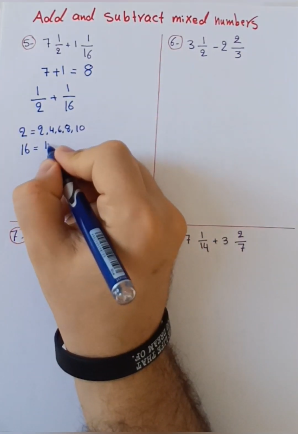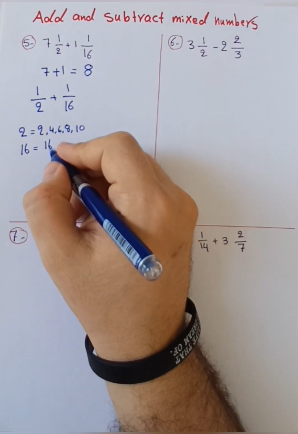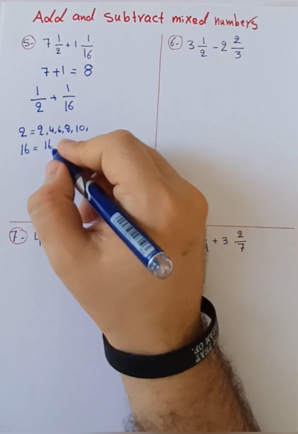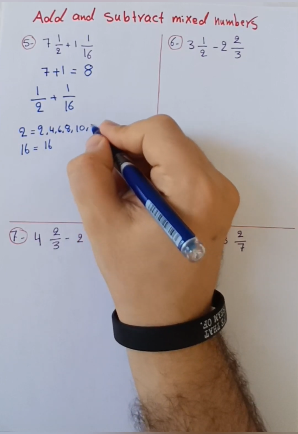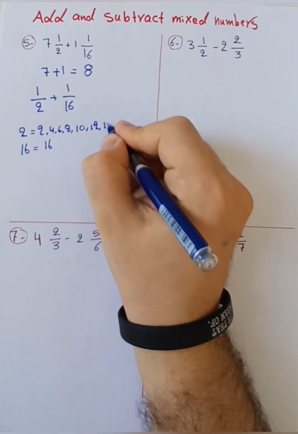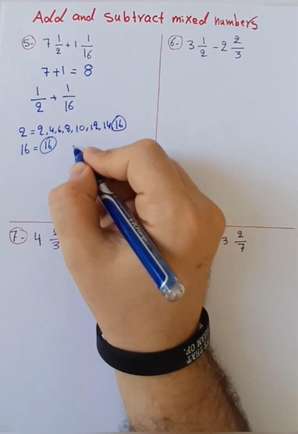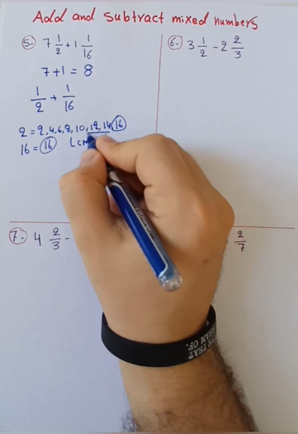For 16, we have 16. We cannot stop here because 16 is greater than 10. We have to continue counting by 2 until we get 16 or greater than 16. So after 10 we have 12, 14, 16. Now we have a repeating number. The LCM equals 16.